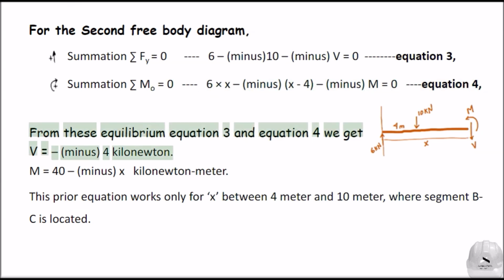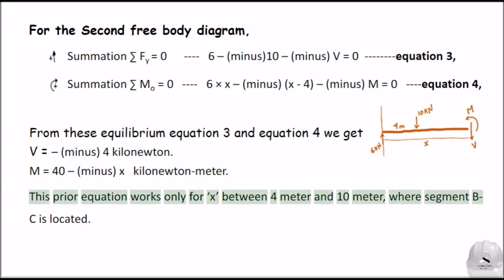From equations 3 and 4 we get V equals minus 4 kN and M equals 40 minus 4x kN meter. These equations work only for x between 4 meter and 10 meter, where segment BC is located.